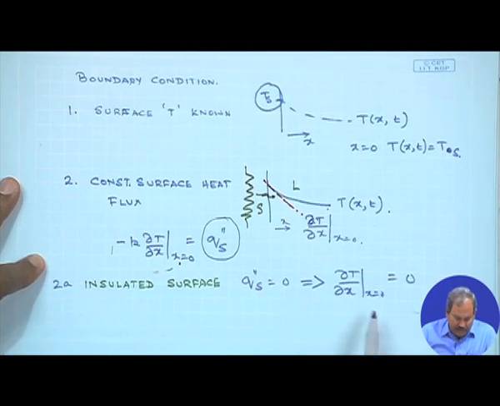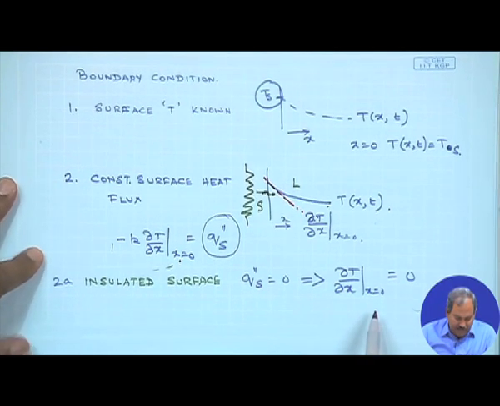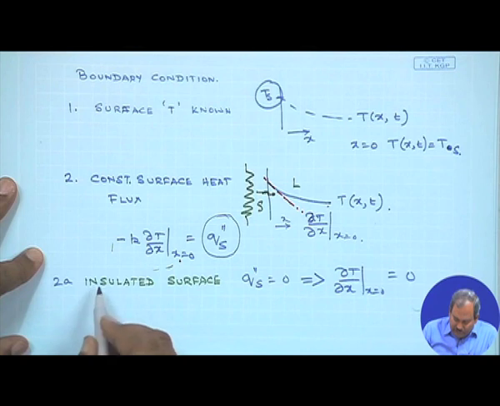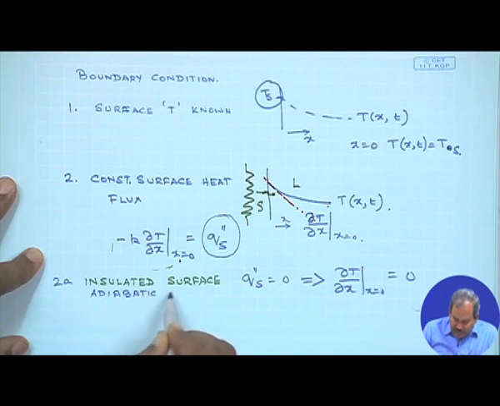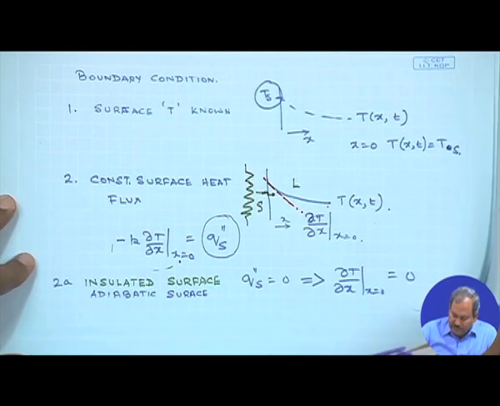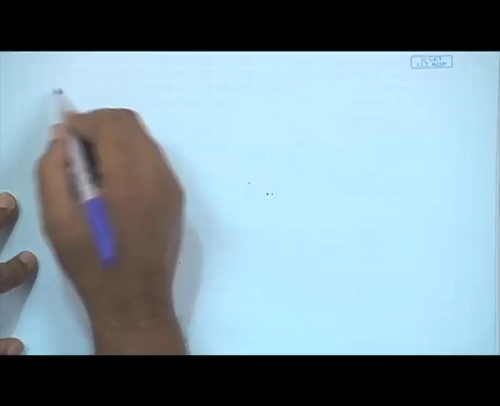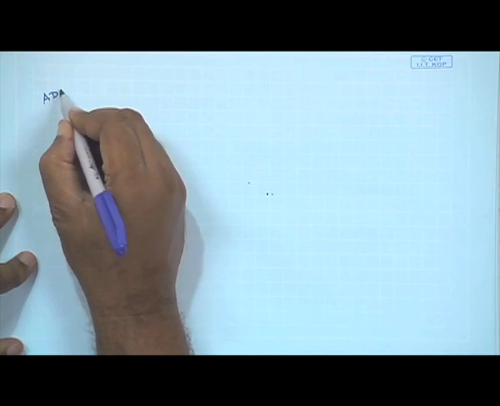Therefore, del T del x is equal to 0. So, this is known as an insulated surface, or an adiabatic surface. The condition for this would simply be q s double prime equal to 0, del T del x equal to 0.